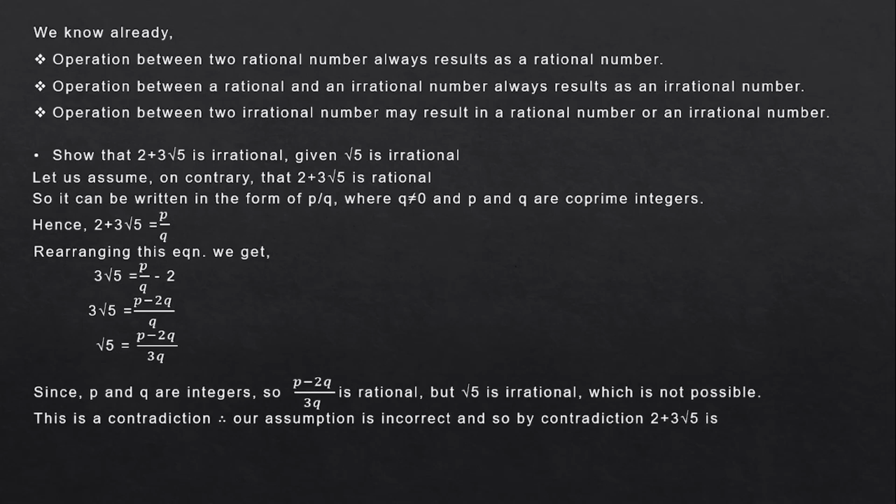This is not possible, and therefore we have landed in a contradiction. Therefore, our assumption that 2 plus 3 root 5 is rational is incorrect, and so by contradiction, 2 plus 3 root 5 is irrational. I hope this is understood, and this much theory is needed to attempt questions from the chapter.